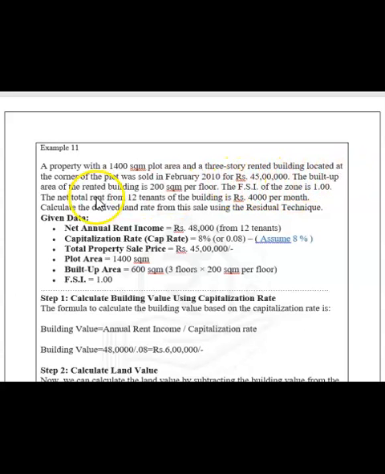The built-up area of the rented building is 200 square meter per floor. The FSI of the zone is 1. The net total rent from 12 tenants of the building is rupees 4,000 per month. Calculate the derived land rate from this sale using the residual technique. Please go through the question in the next 30 seconds.